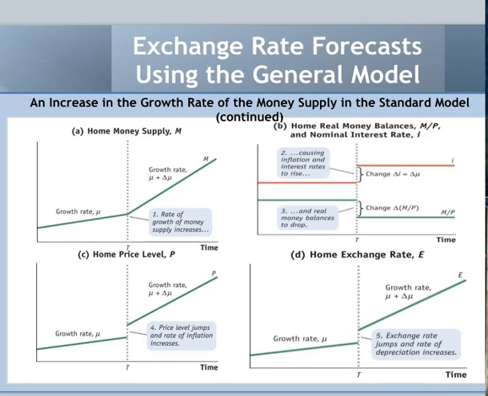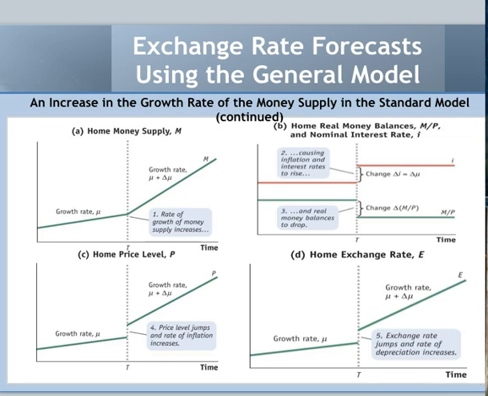And so looking in the top right-hand corner, the A graph, money supply M, we can see that the money growth rate is mu up until time t, and then we expect that the slope of the money supply should change because its growth rate is changing.